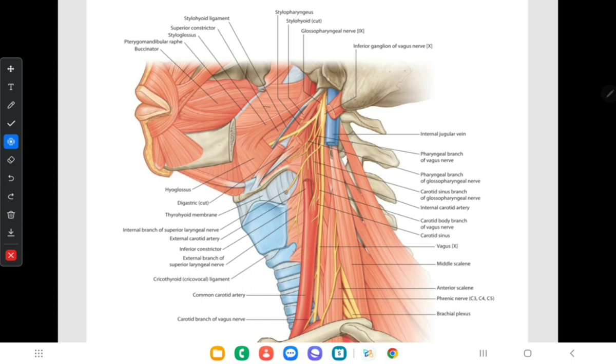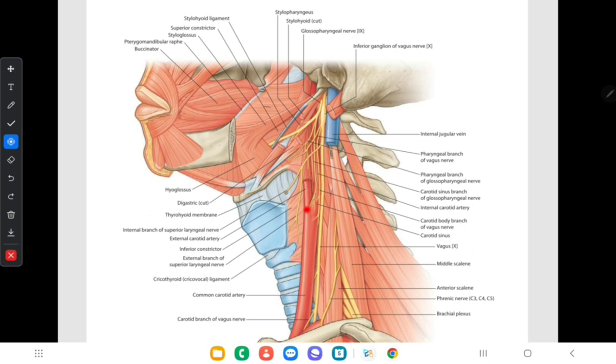Let's see what the contents of the carotid triangle are. Here you can see this is the common carotid artery, and here is the bifurcation of the common carotid artery, and it is divided into two as external carotid artery and internal carotid artery.